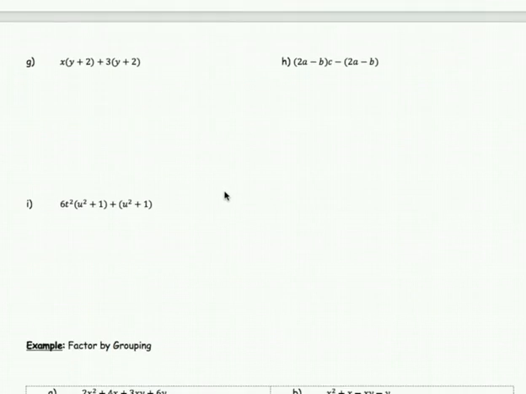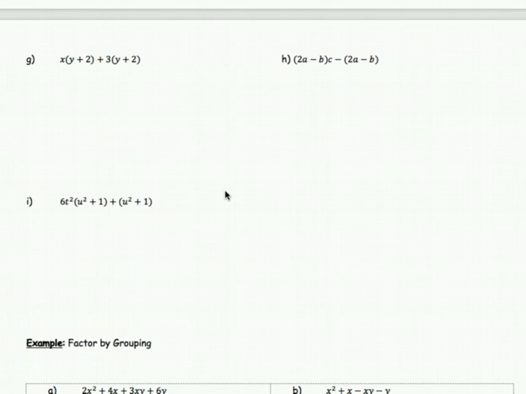So in this case here, just analyze the expression here, and you'll notice that there's a term here, and then it's added to this term, but they have this part in common. So that's the greatest common factor. Okay, write it in brackets.